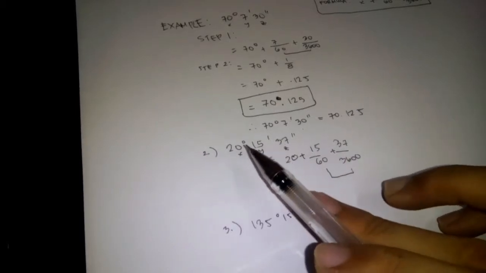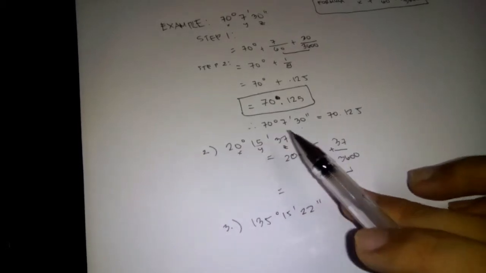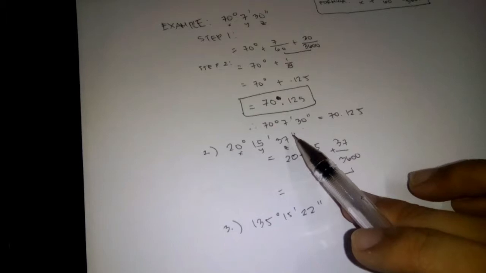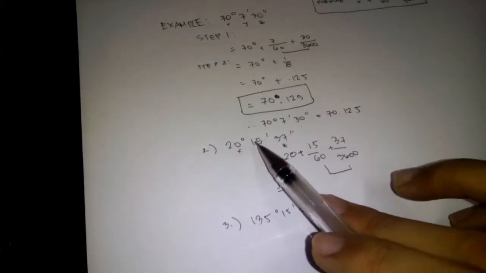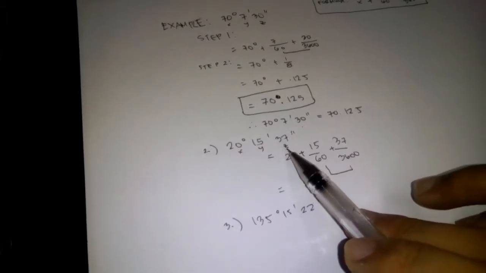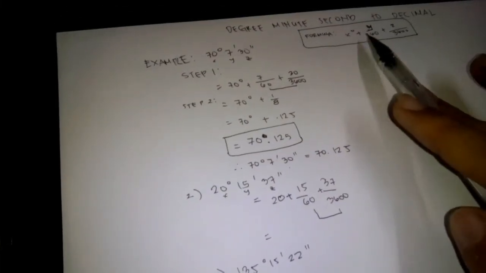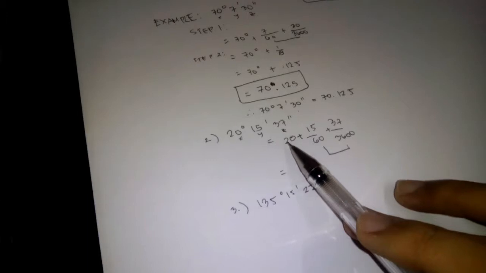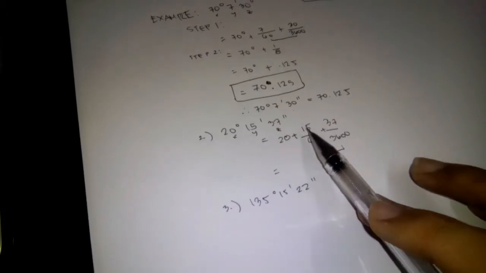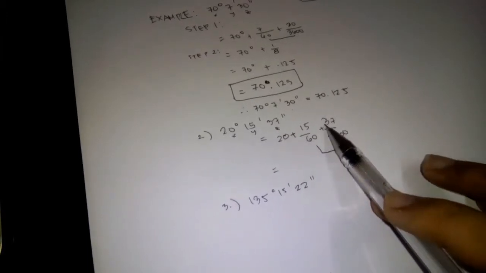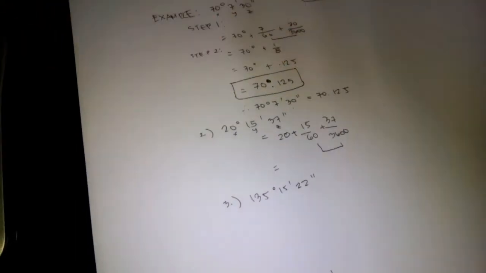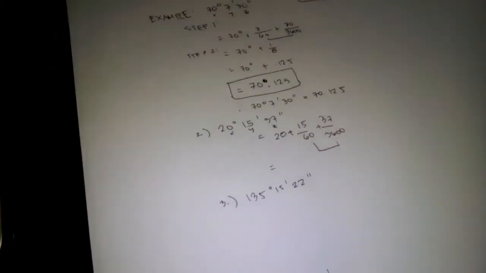So let's have the second example. The given is 20 degrees, 15 minutes, and 37 seconds. So 20 will be x, 15 will be y, 37 will be z. Substitute: 20 plus 15 over 60 plus 37 over 3600. So we need to add these two fractions.